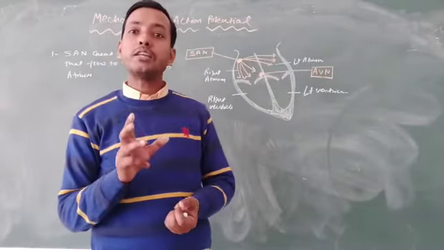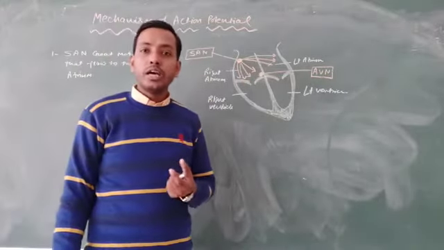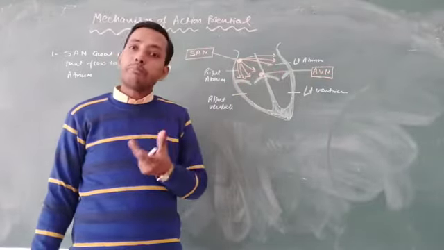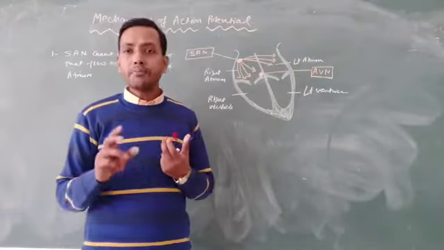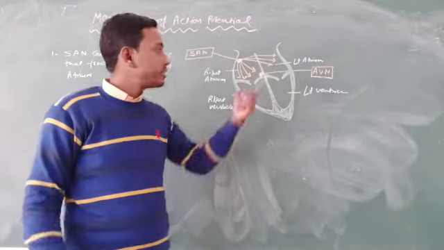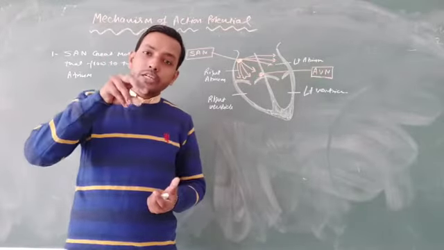Electrical impulses are like a shock. When the shock is generated by the sinoatrial node, it is transferred to the left and right atrium at the same time. After getting that shock, the left atrium and right atrium shrink together.